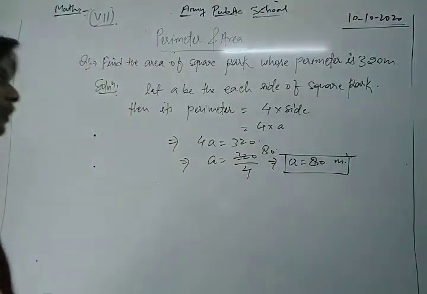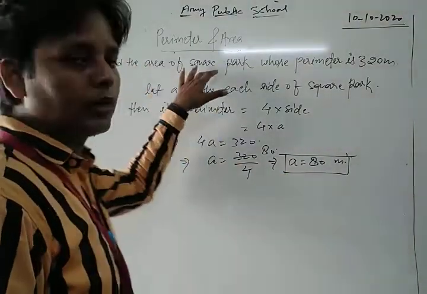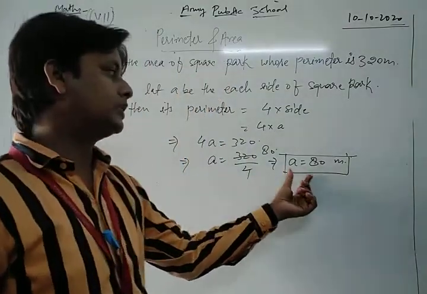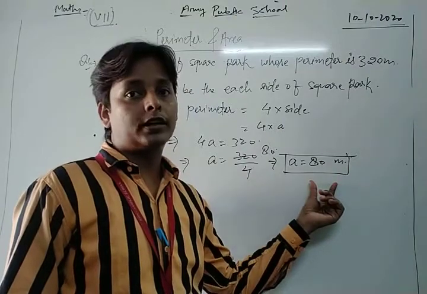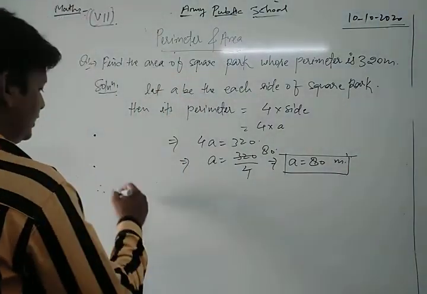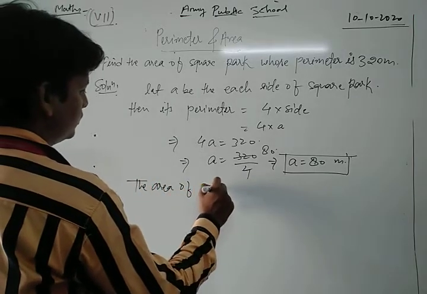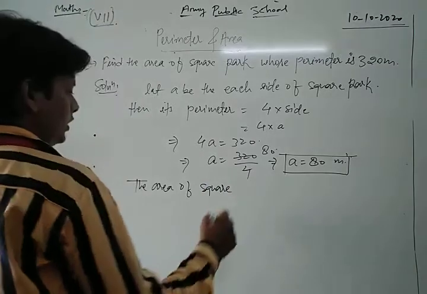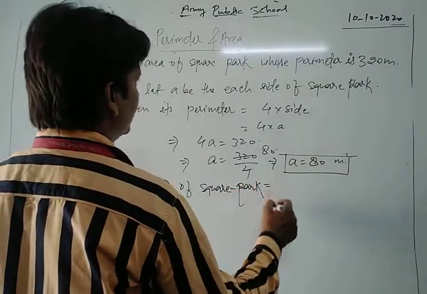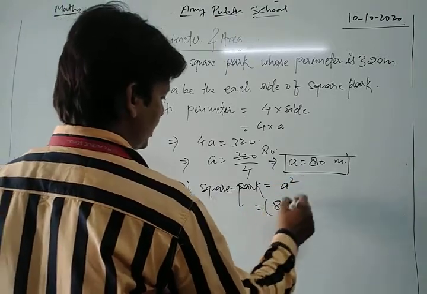Now what do we find? We find the area of the square park. We found each side of the square is 80. Since the area of the square park is side square and side is 80, so 80 square.